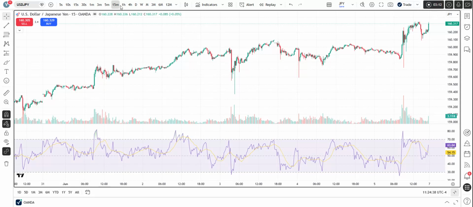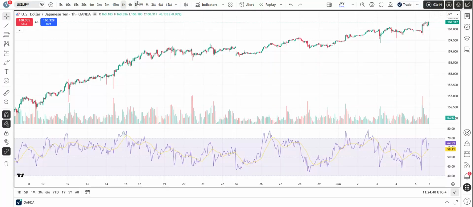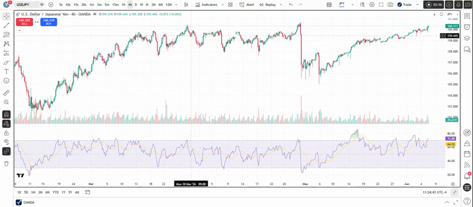So if you go back up and you look at this right here, this is a 1-2-1, or you could say 1-2-1-2, and it comes down. So you could see how that works for the sellers. Same.